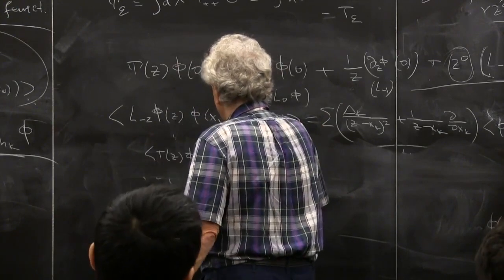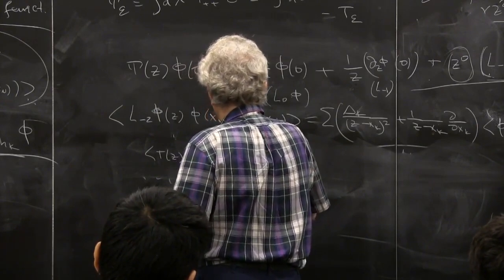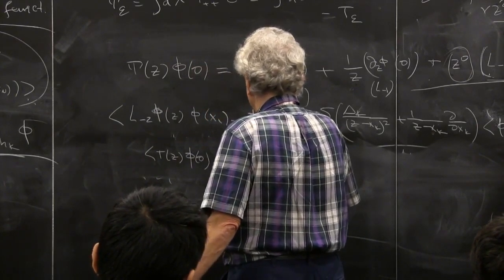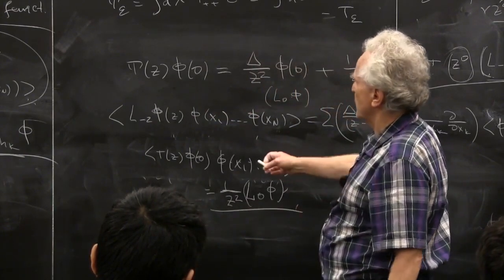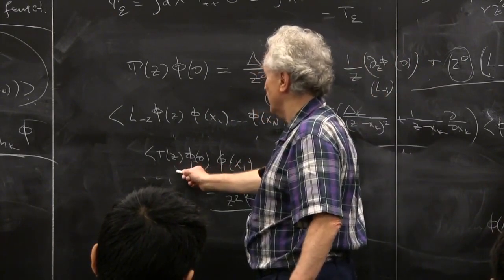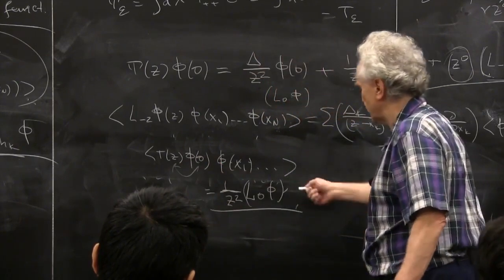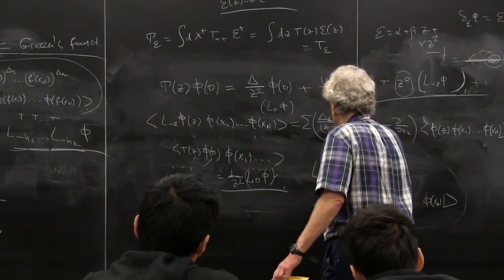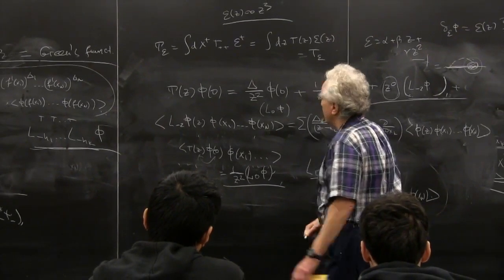The term which is inversely proportional to z squared is just by definition L naught phi. And the only term which is proportional to 1 over z squared comes from these two points. So it will be just the statement that L naught applied to a primary field simply multiplies it by delta.